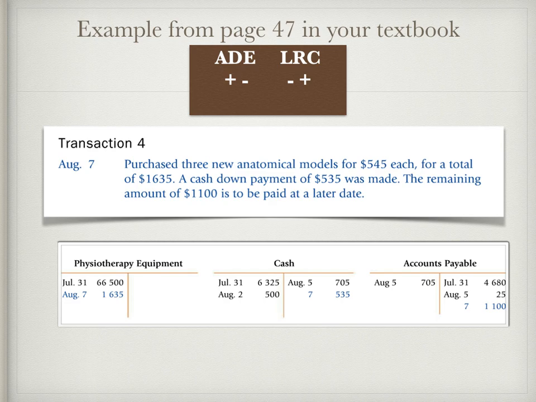Our liability is increasing on the right or the credit by the amount that we have not yet paid, the $1,100. So if you look carefully, you can see even though we've split this transaction over 3 accounts, we're still complying with the double entry system because we have debits totaling $1,635 and it's equal to our credits. 535 plus 1,100 is also 1,635.